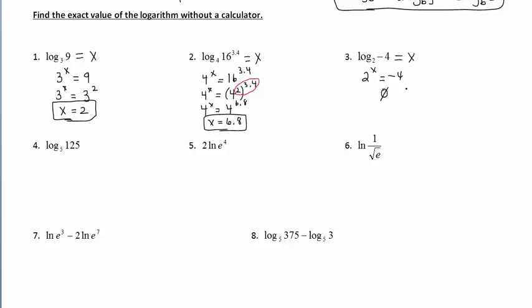That's a circle with a line through it, and that's an official symbol in math, and it represents no solution. There's no answer to this problem. This expression right here would need to be positive for me to find an answer.